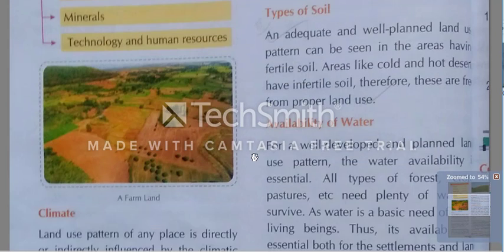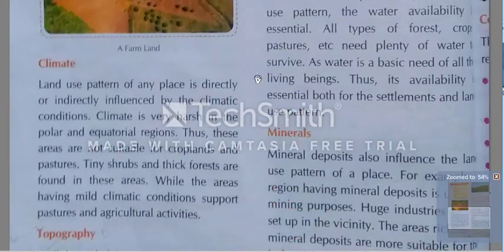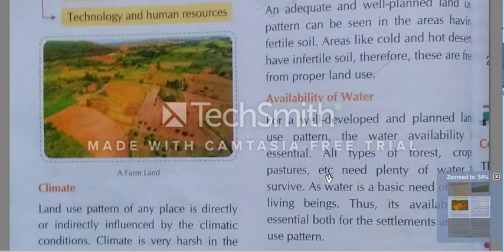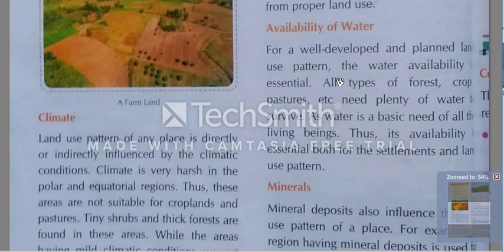Clear? Topography, climate you have seen. Regarding availability of water, how does the availability of water change the use pattern of land? This will be its answer, because the availability of water also changes the land use pattern.